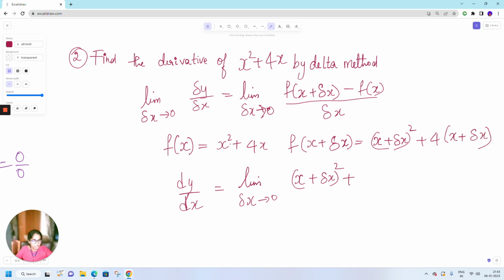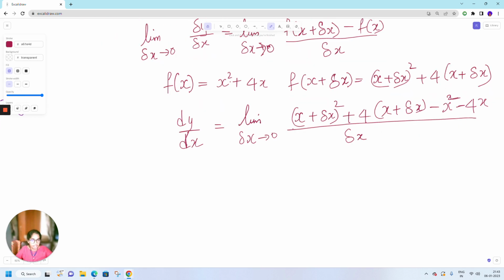So this would be plus 4 into x plus del x minus the question, that is x square minus 4x. This whole thing divided by del x. Try applying the limit and check that you would get 0. Now what should I do?